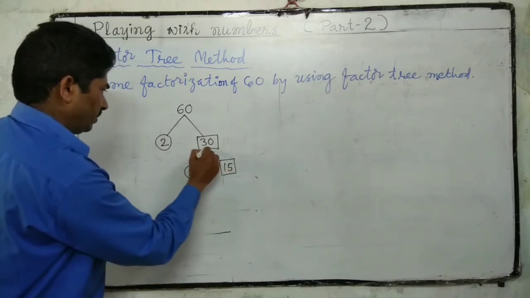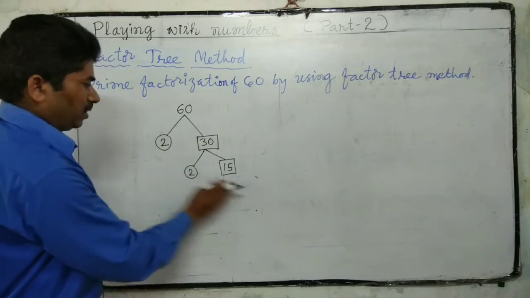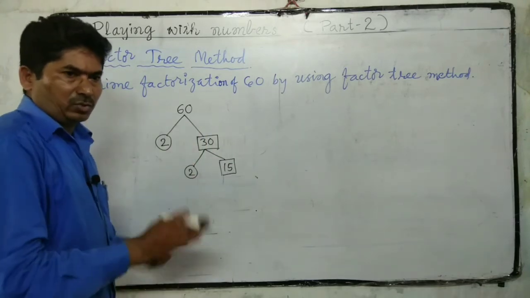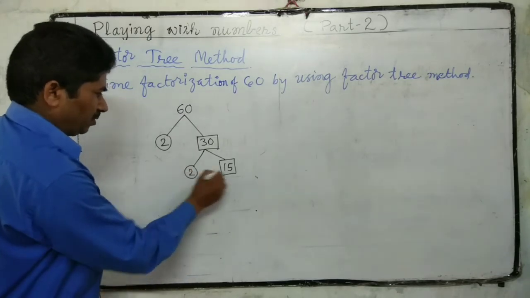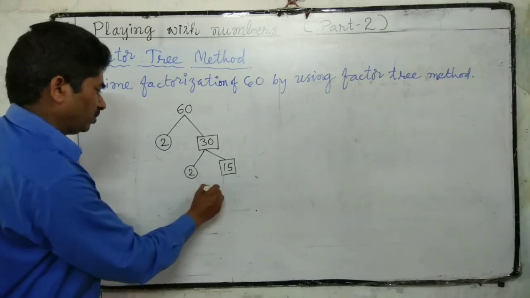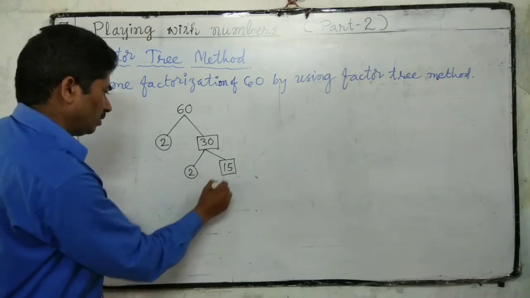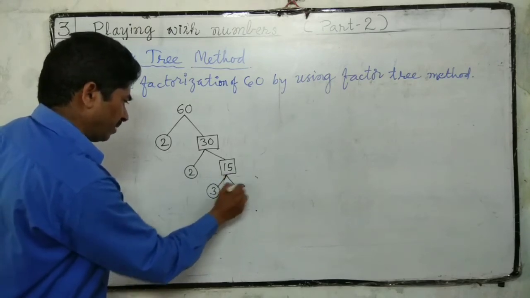This is a composite number. Again continue like this, smallest to largest prime. After that, there is no common prime for this 15, so 3 fives are 15. 5 is also a prime number.